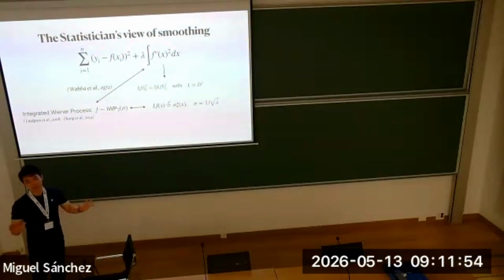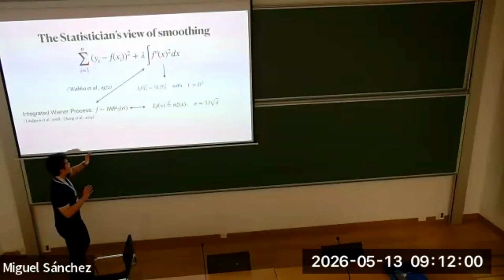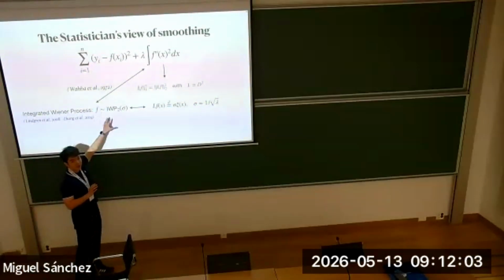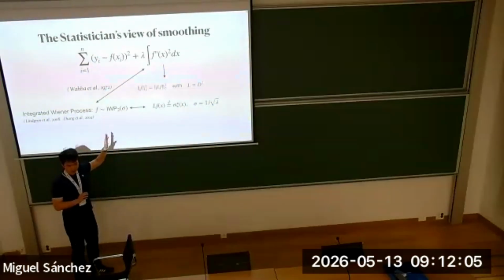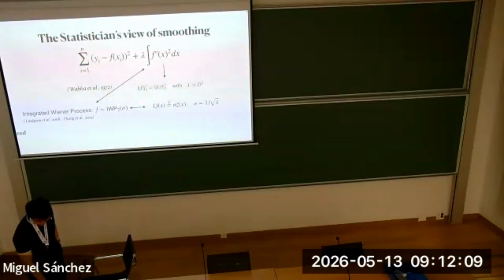Then in the limit, simplifying a lot of assumptions, the posterior mean, the expected value of F given your data from this mechanism, is going to exactly give you the smoothing spline estimate.